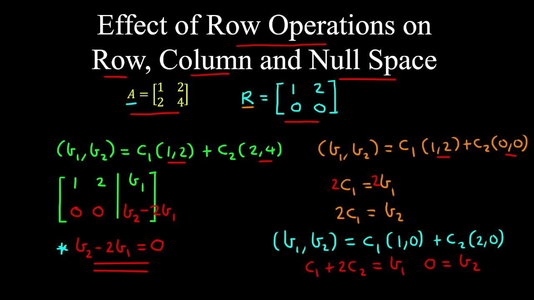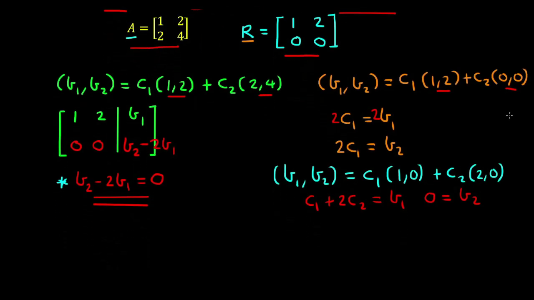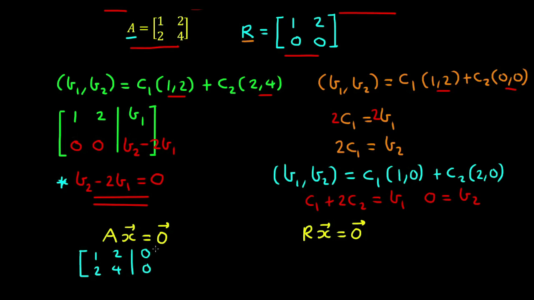And now for the null space, we want to verify that the solution space of Ax equals 0 is the same as the solution space of Rx equals 0, being the null space of the matrices A and R. So remember that doing the row reduction, we have 1, 2, 2, 4 augmented with 0 on the right hand side.